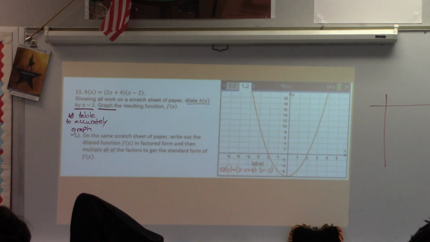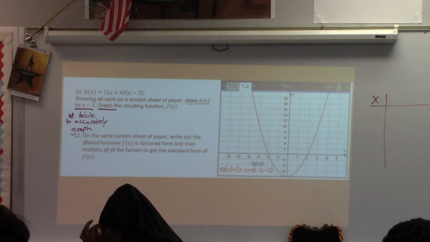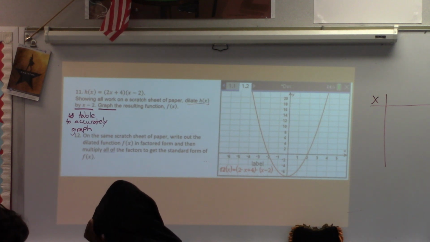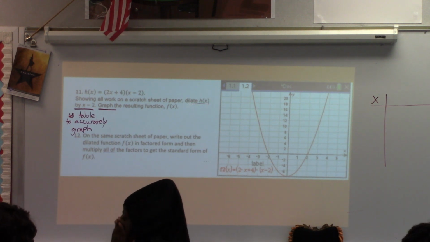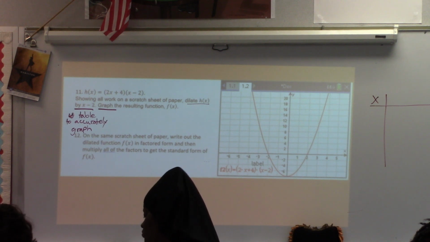In the same way, I'm starting with x's. By the end, what should I have? The dilated function, which is f of x, but how are we getting f of x? H of x times x minus 2. So yeah, that's the dilation. If that's what I'm trying to get to, I actually only need two columns.